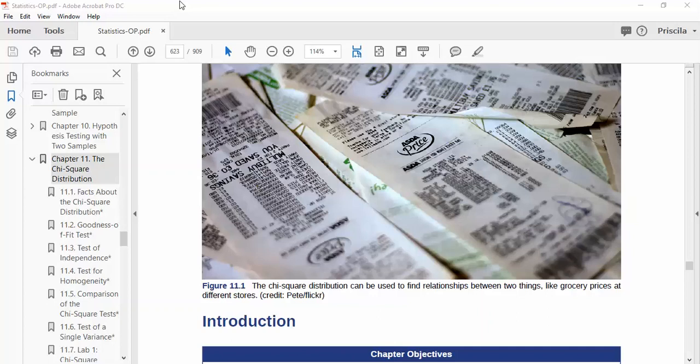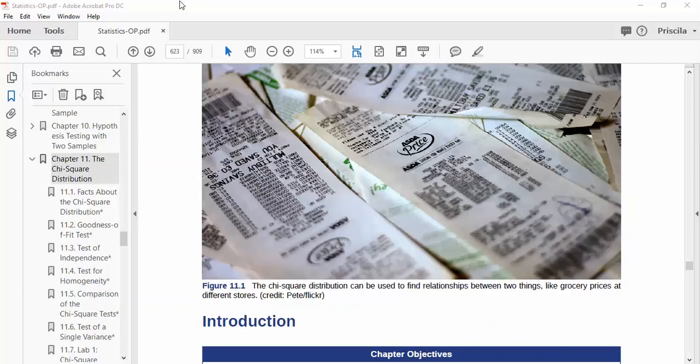There's what you expect and what you actually observe. That's what the chi-square is going to help you show: whether the perception you have, what you expect, is really supported by what you observe, and vice versa.